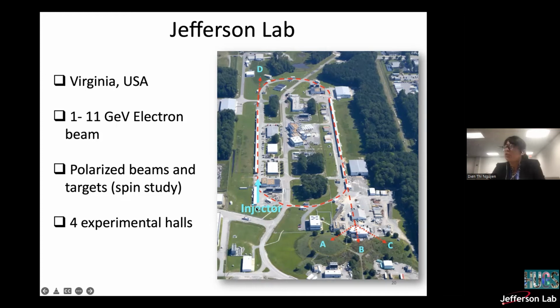I don't know if you took the tour of JLab yet, but here is where the electron beam is ejected, and then it goes to the accelerator until it gets the required beam energy, and then it is sent to the different experimental halls A, B, C. I'm not sure if you have seen the halls yet, and we also have a new one, Hall D here. Each of these experimental halls has a comprehensive physics program to study different aspects of nuclear physics.